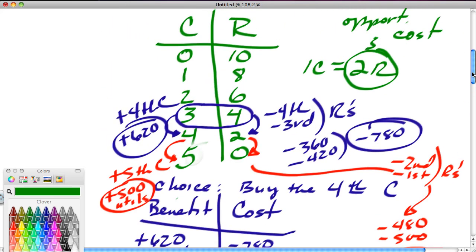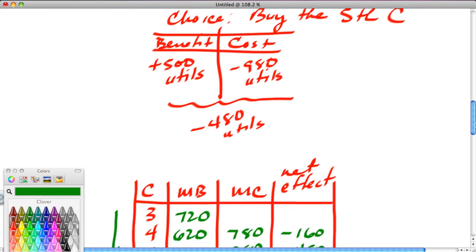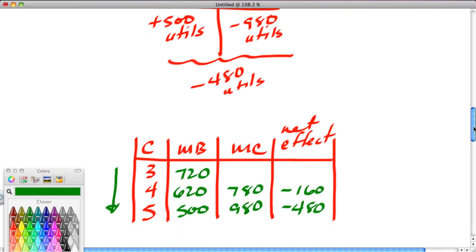When we're at two coffee, we can have 6 rolls. If we go to 3 coffee, we have to give up what? The 6th and 5th rolls. Well, what are the 6th and 5th rolls worth? The 6th roll is worth 180, and the 5th roll is worth 280. So together, they are worth 460.